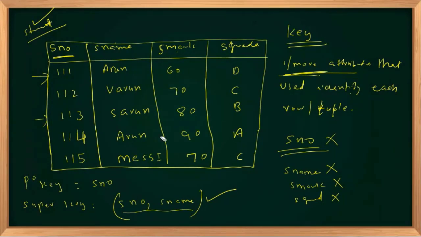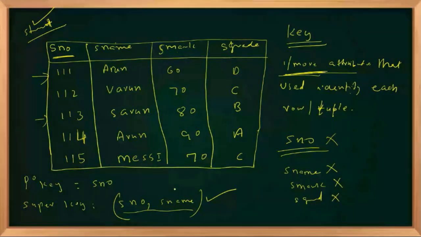Then what is a super key? We know that for the primary key, student's number alone is enough. But I added the student's name together with the student's number to generate a key.